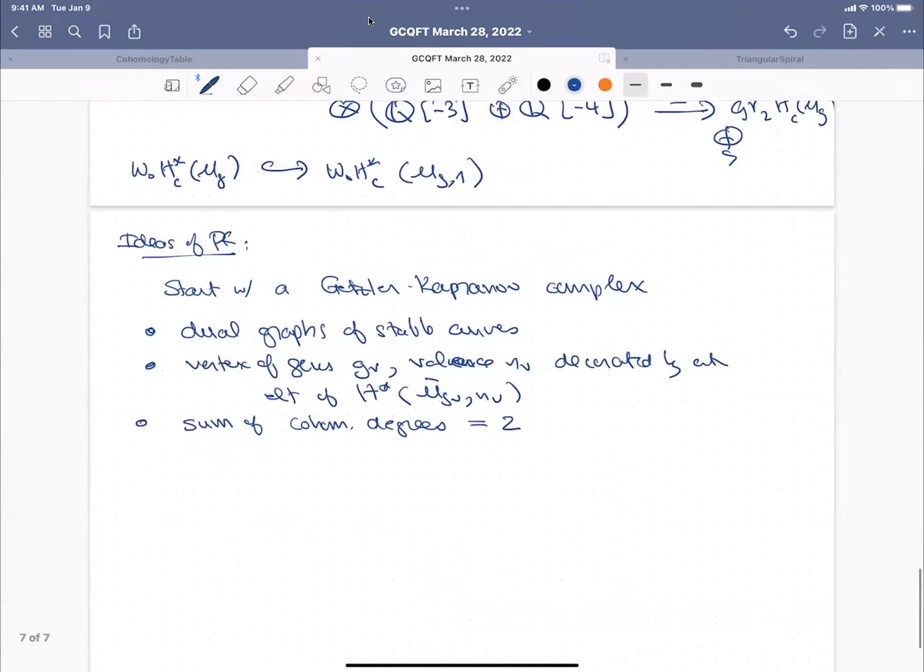And so one thing that I should remind you of is that the cohomology of moduli spaces of stable curves vanishes in degree 1. It also vanishes in degrees 3 and 5. So those are theorems of Arbarello and Cornalba from 1998.